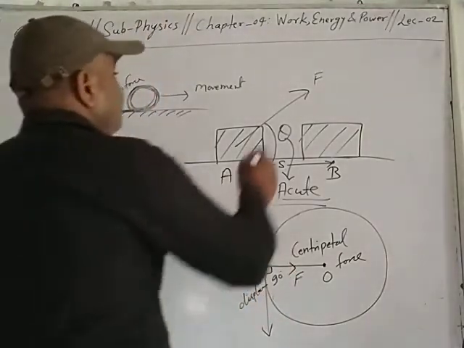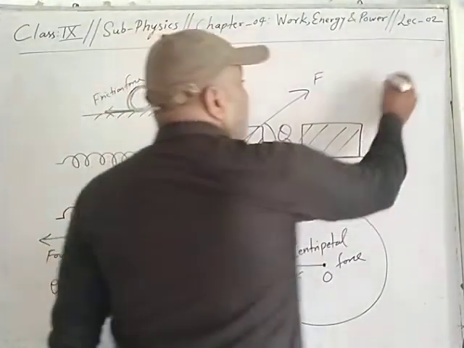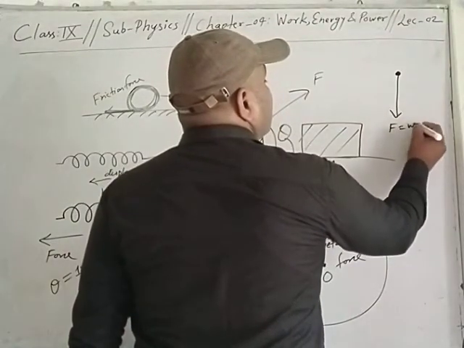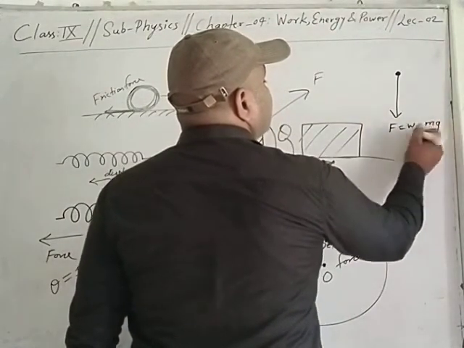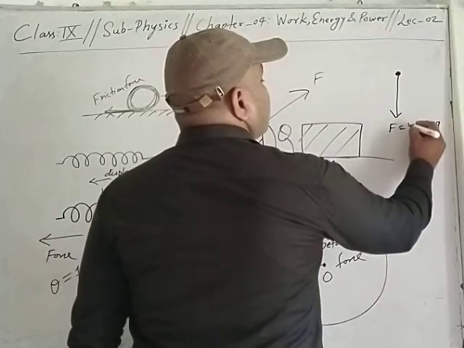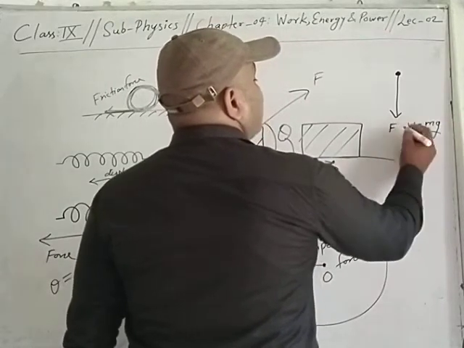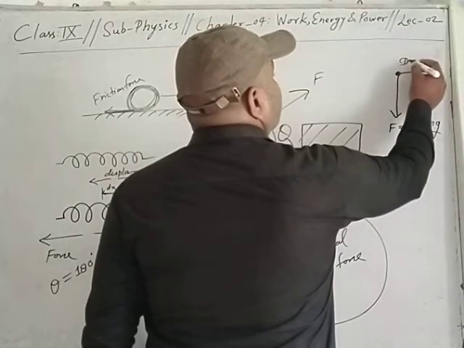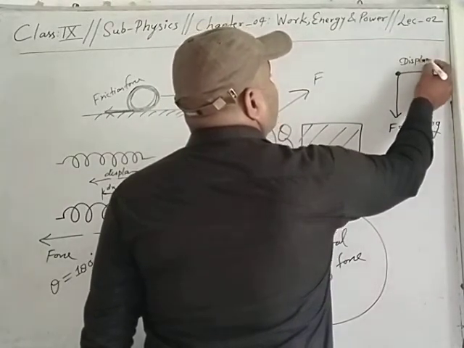The force is the weight, F equals W equals mg, acting downward, and the movement of the coolie, that is the displacement, is in the forward direction.